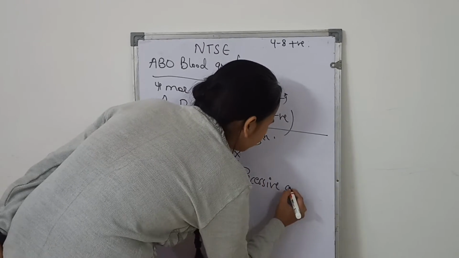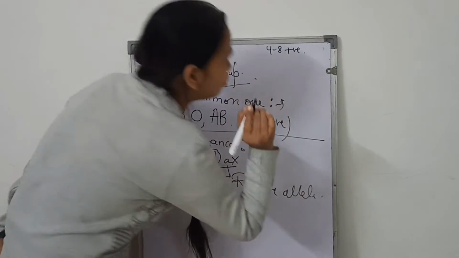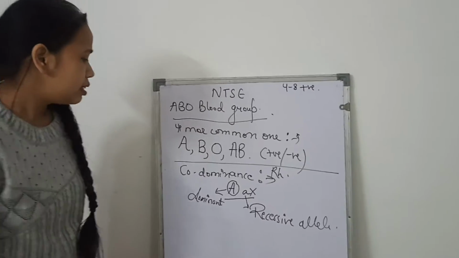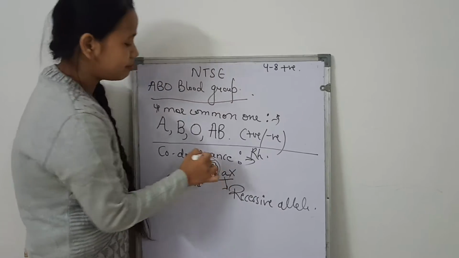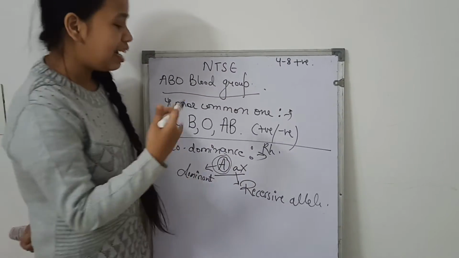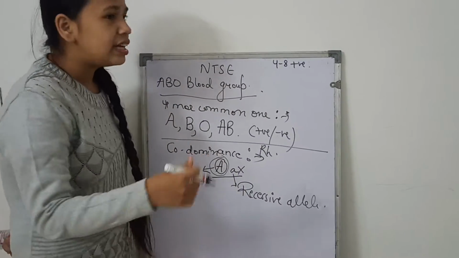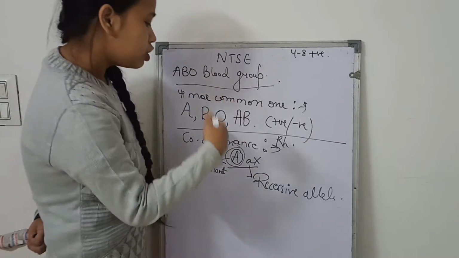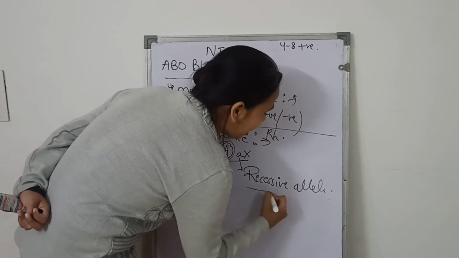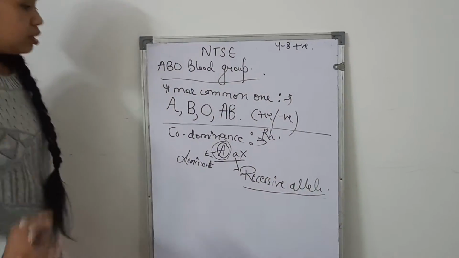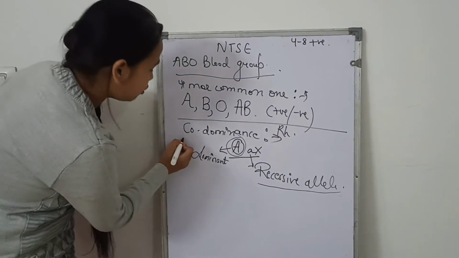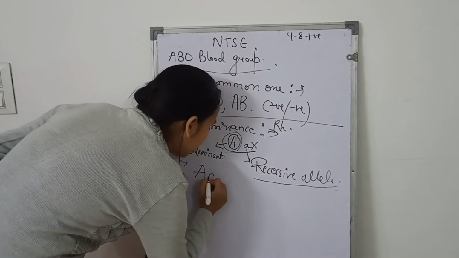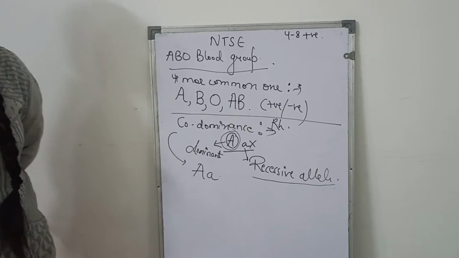Like in your class also, there are many students that easily express themselves. So these are dominant students. Don't take it seriously, I'm just giving an example. And some students are unable to express themselves, so we can say they are recessive alleles, hiding their expression. So what happens in codominance is both the alleles are able to express themselves.